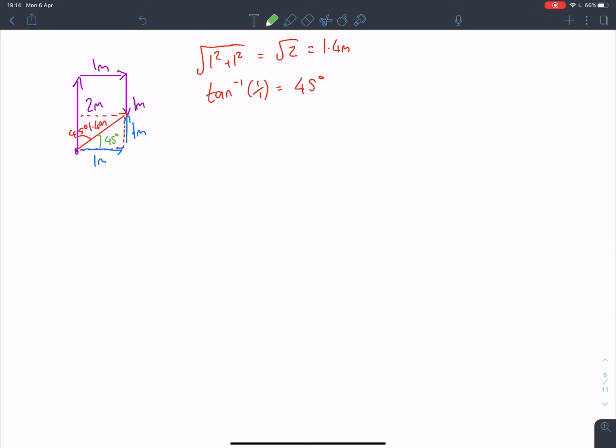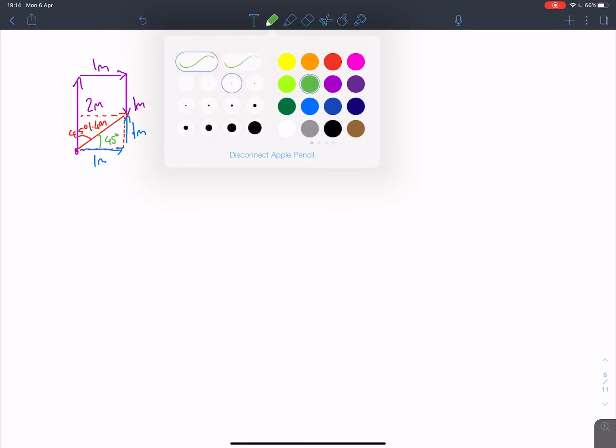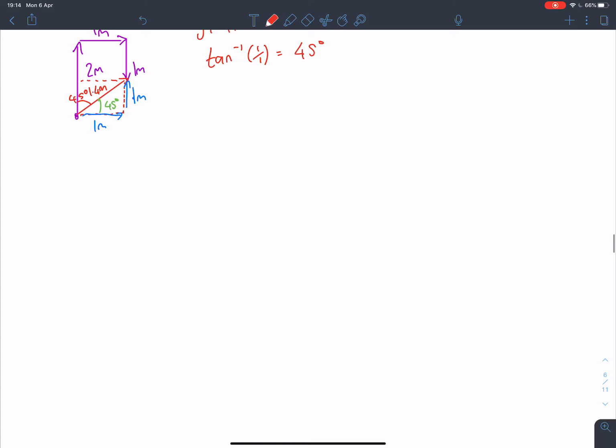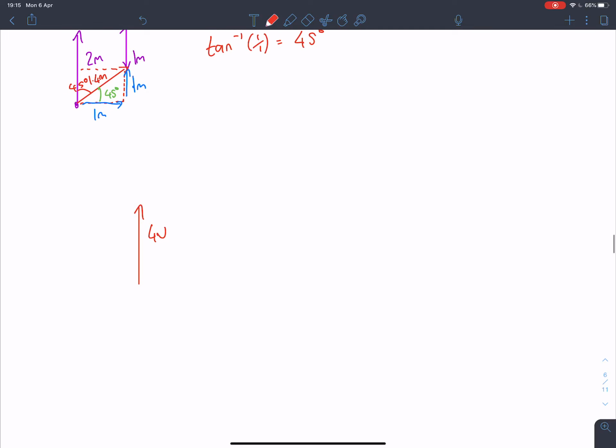So let's have a little go. So we are going to do, we've got a 4 newtons upwards. We'll have 3 newtons.